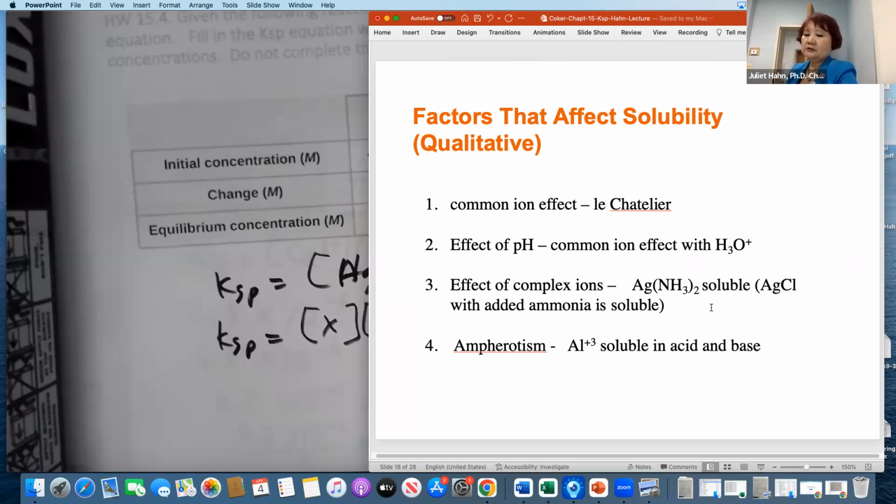For instance, the silver ammonia complex is soluble in water, but silver chloride is insoluble in water. So if you add ammonia to a silver chloride solution, it will actually dissolve the silver, which affects the solubility. Amphoterism: aluminum is soluble in both acid and base, so if you have a very acidic or a very basic solution, it will be soluble.